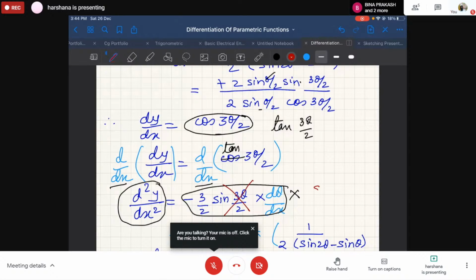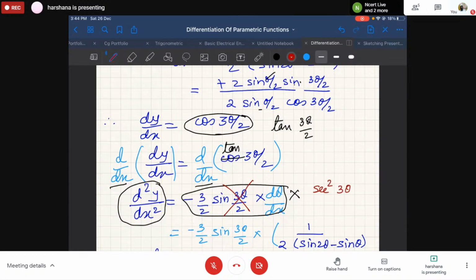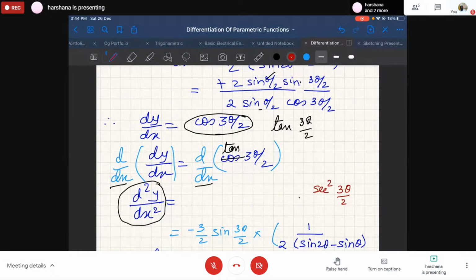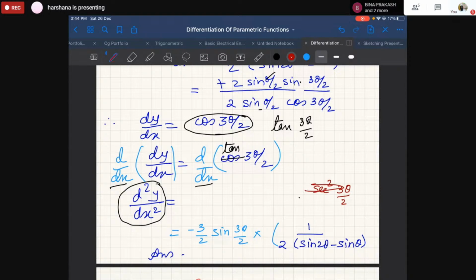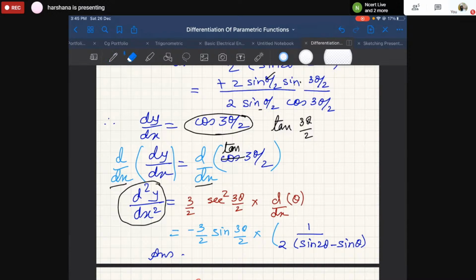Derivative of tan is sec square 3 theta on 2. Then the derivative of 3 theta on 2, that is 3 on 2 d/dx. We have to differentiate theta with respect to x. So we bring that term here and do the necessary correction here.